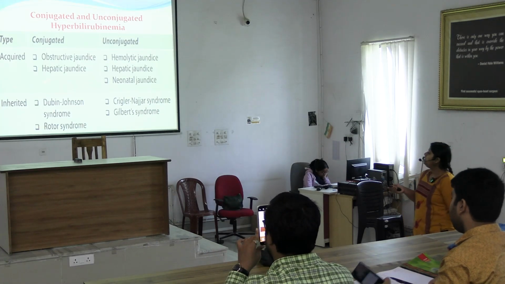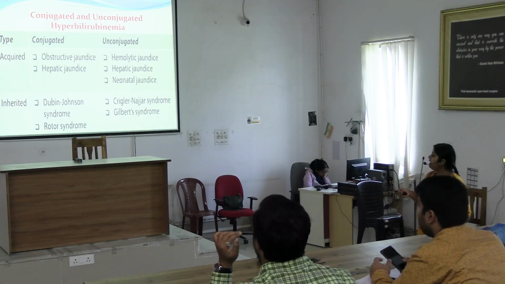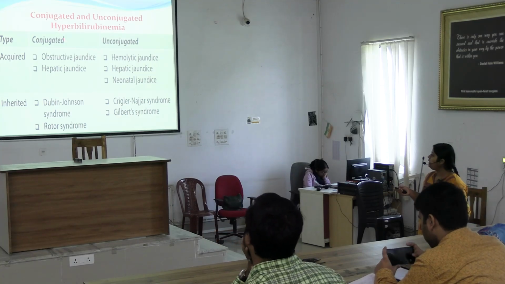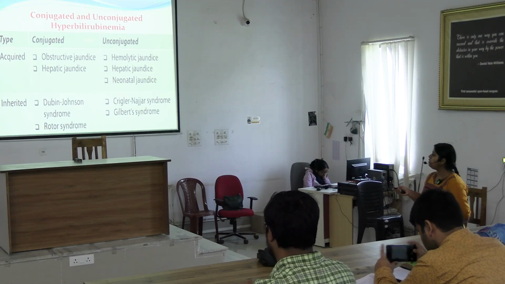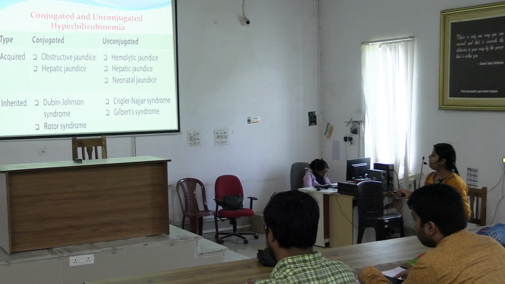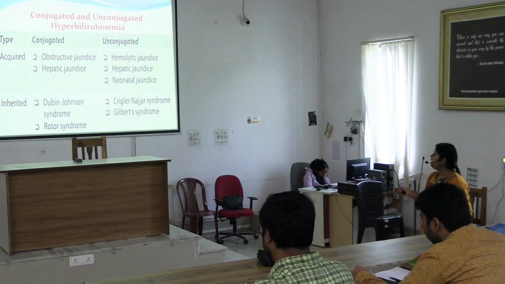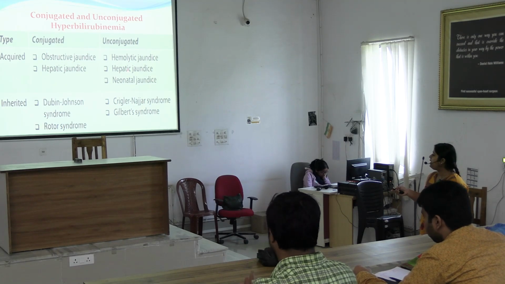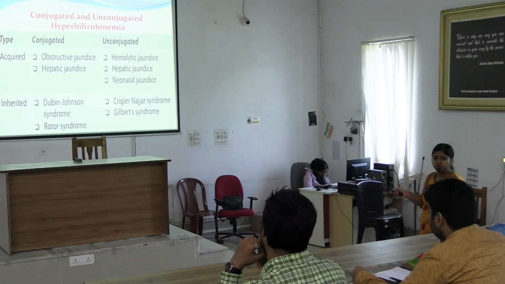So how to classify the acquired and inherited disorders of hyperbilirubinemia? Also in 2 groups, conjugated and unconjugated. In obstructive and hepatic jaundice, we saw that conjugated hyperbilirubinemia will be there. Hepatic jaundice can cause both conjugated and unconjugated.